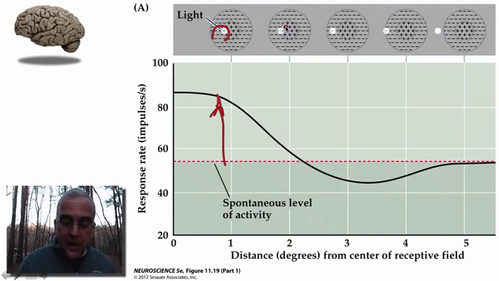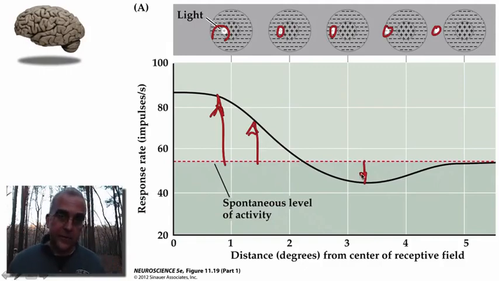But as the spot of light acquires an increasingly more peripheral position, notice that the response falls, and when we are illuminating the surrounding part of the receptive field, there's actually a decrease below spontaneous level in firing. So this is the classic behavior of the on-center ganglion cell that I just described.